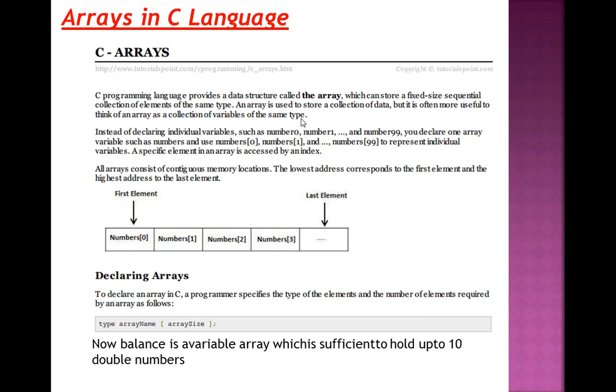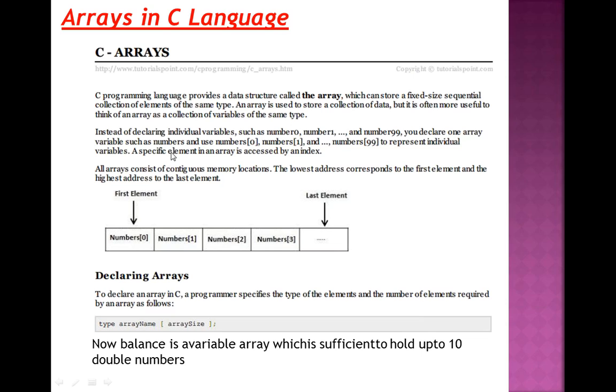Then it is saying, instead of declaring individual variables such as number0, number1, number2 and number99, we can use an array variable, such as numbers, and use numbers[0], numbers[1], numbers[2], up to numbers[99]. The 0, 1, 2 and so on till 99 are known as the index.